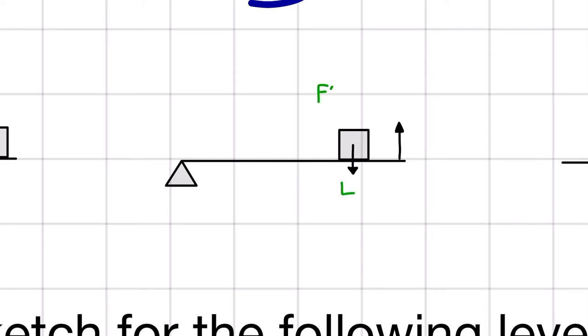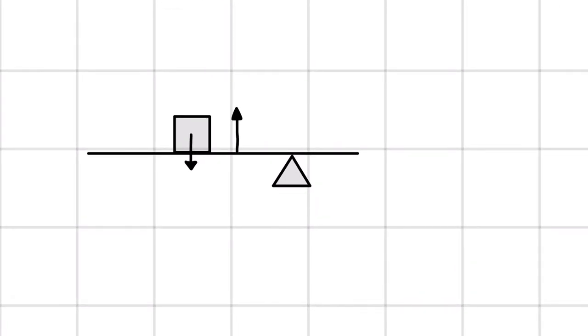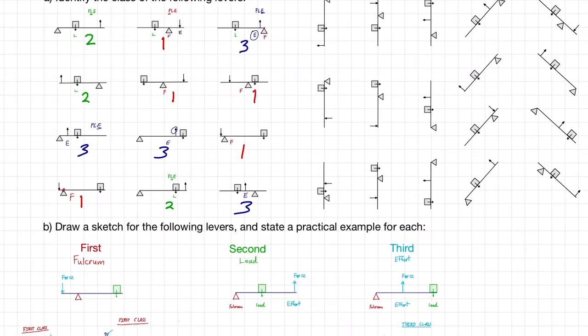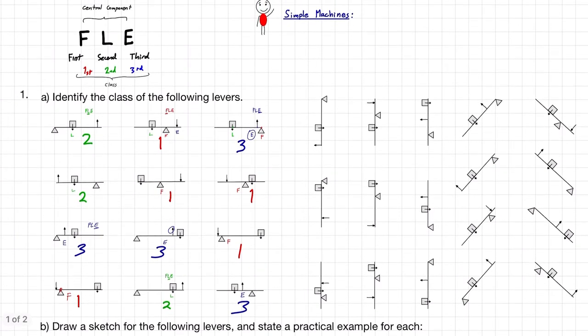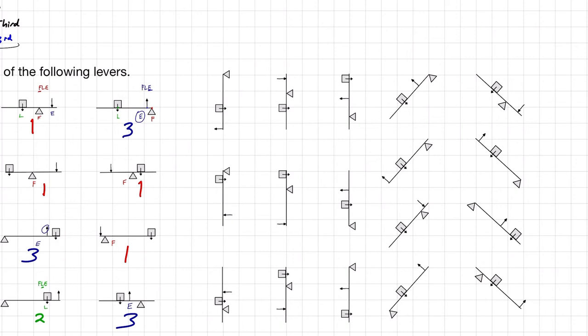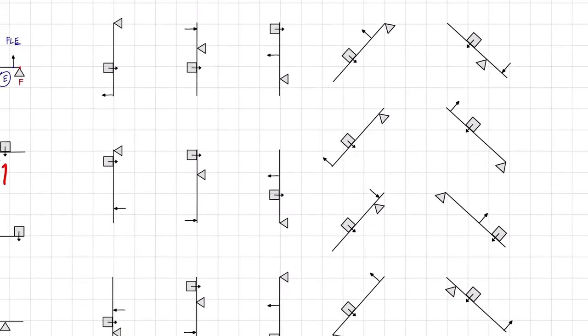And according to FLEE, that's a second class lever. And this final one, this is the effort in the middle, telling us this is a third class lever. So we're doing well so far. Now we're going to move on to the same thing, but I've got our levers oriented differently.